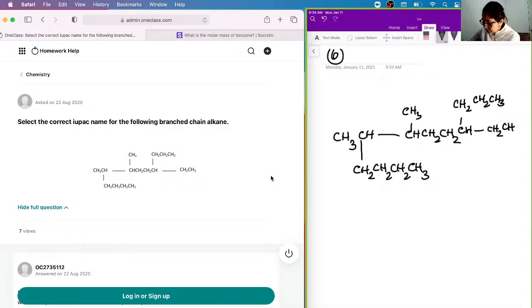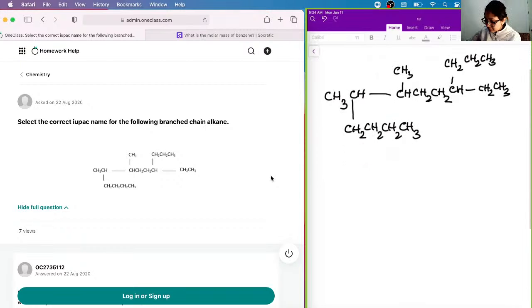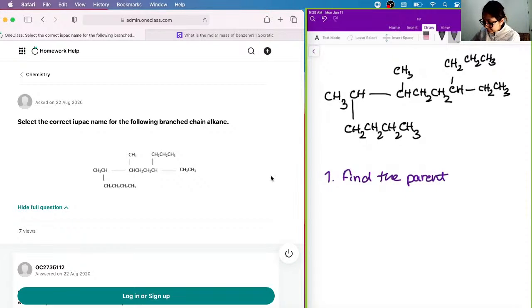Okay, so now that we have drawn up this compound, the first step would be to find the parent chain. Your parent chain is your longest chain; it will have the most number of carbons.